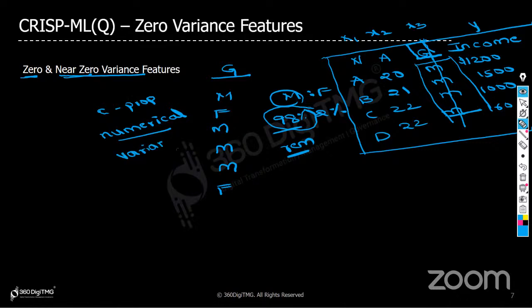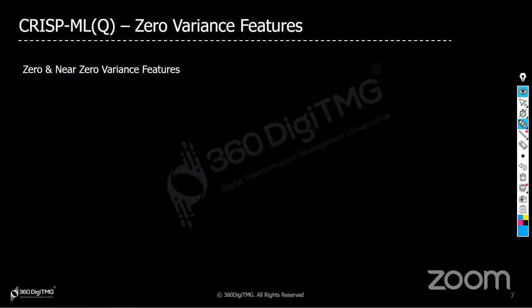If the variance of that particular column is less than 5%, or whatever value you take, then I have to remove that column. So for a categorical column you go through proportion, and for a numerical column you go through variance. This is nothing but zero and near zero variance features. We will check what is there in the slide.